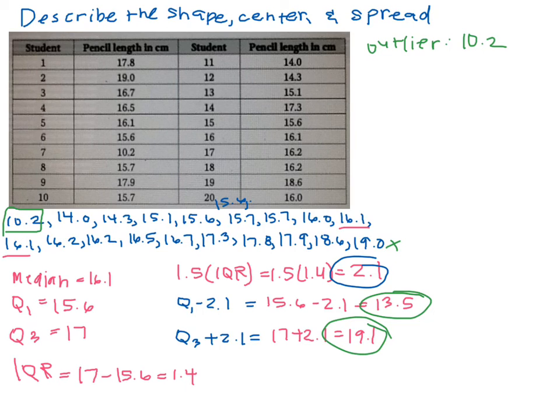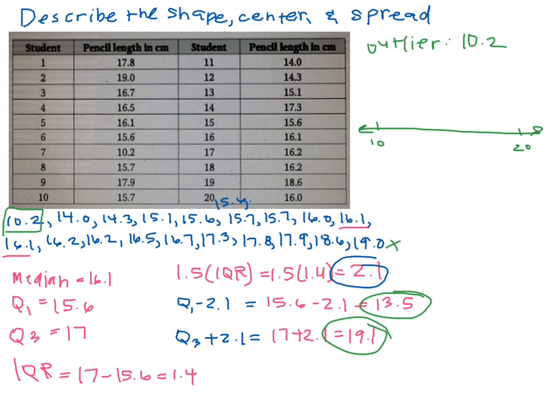So the objective here is to be able to describe the shape, the center, and the spread. Well, if I were to create a box plot, I would see that my numbers go from just below 10 and up to almost 20.